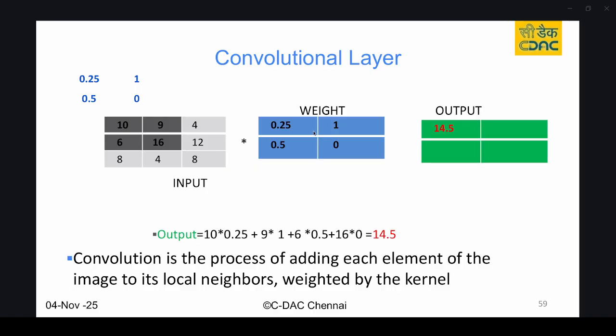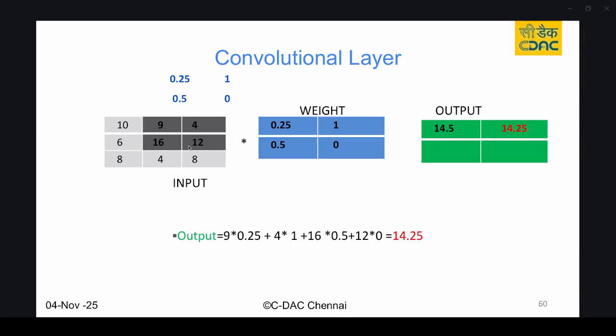Here first we have considered this 2 cross 2 of this 3 cross 3 input matrix. Next I have considered this 2 cross 2 of the input 3 cross 3 matrix: 9 into 0.25 plus 4 into 1 plus 16 into 0.5 plus 12 into 0, I get 14.25.